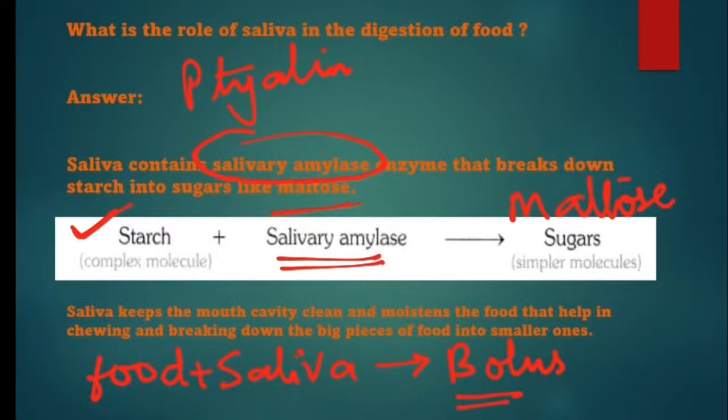And this bolus is formed by chewing, breaking down of food, with the help of the teeth, the tongue and the saliva. And this whole process of breaking down is called mastication. So what is mastication? Mastication means the breaking down, grinding, chewing of the food with the help of teeth, saliva and the tongue, and this process is called mastication.